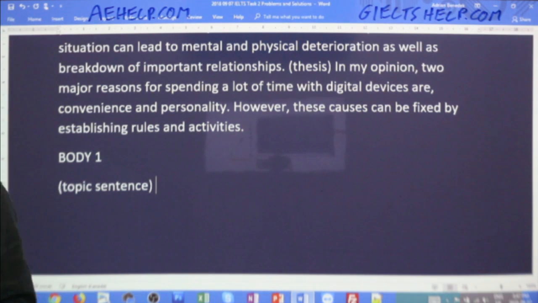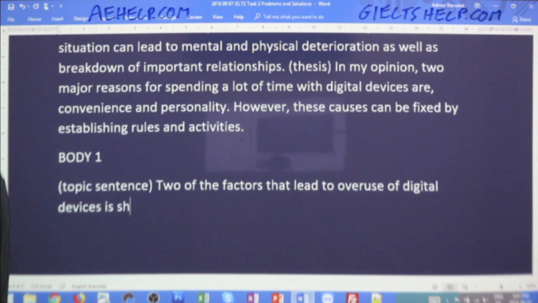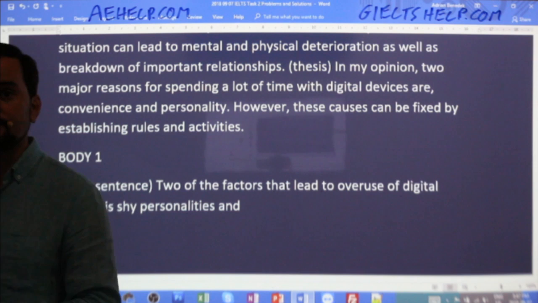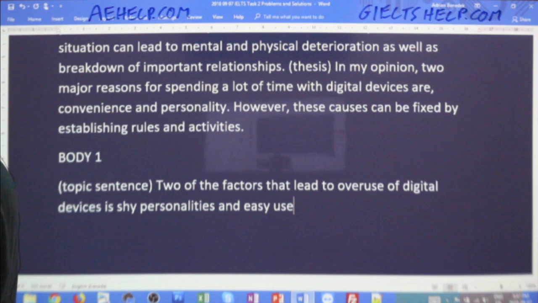So, two of the factors that lead to overuse of digital devices is shy personalities and easy access, or easy use, because I used the word use already in the word overuse. So two of the factors that lead to overuse of digital devices is shy personalities and easy access.